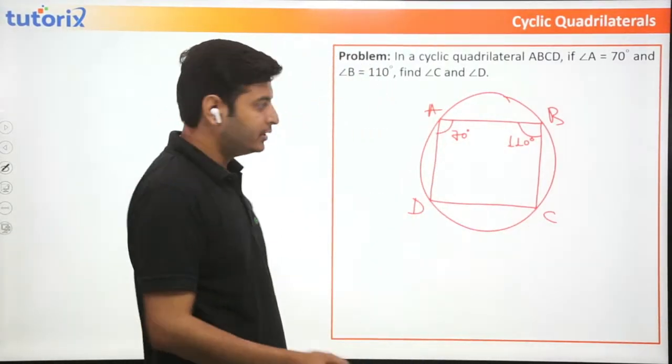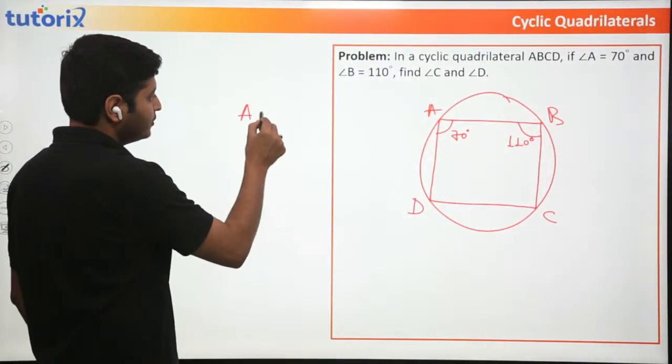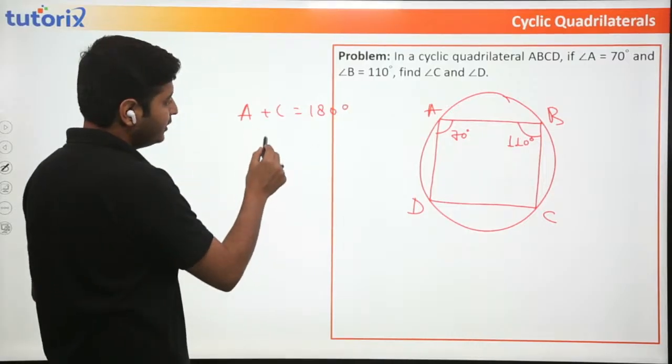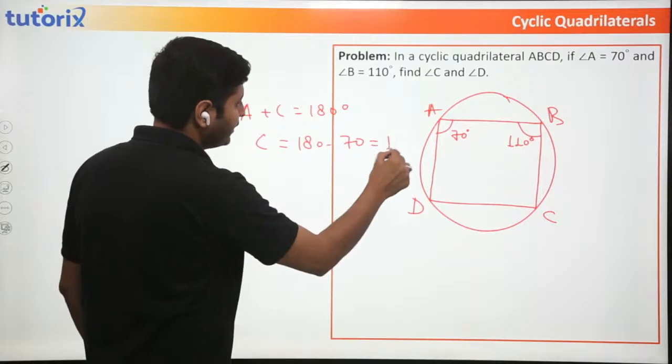A and C are opposite, so the sum of A and C should be 180 degrees. The value of A is 70 degrees, so C is 180 minus 70, which is 110.